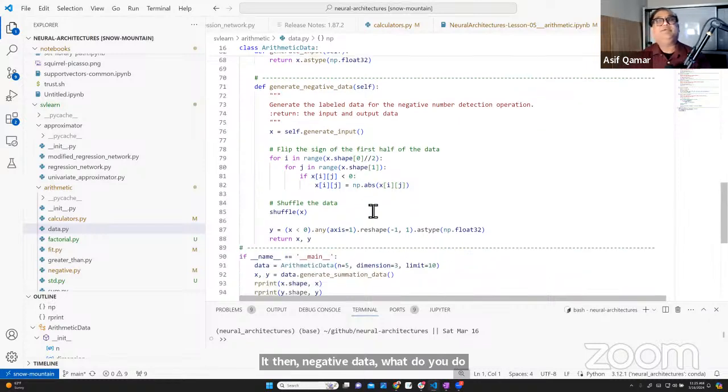You first create two matrices, like half a matrix filled with potentially negative and positive data. And then the other part, in which, if you find a negative, you flip it so that you get about 50% of the data which may have negative numbers, and another 50% of the data where you took precaution and made sure that you flipped every negative to positive. Make sense, guys? Okay. So this is just data.